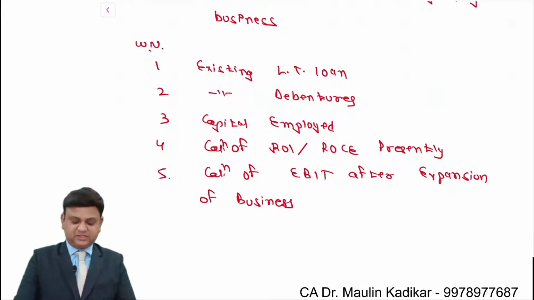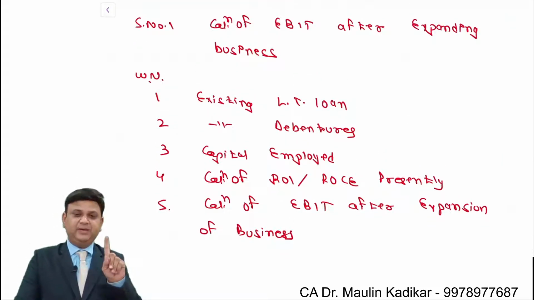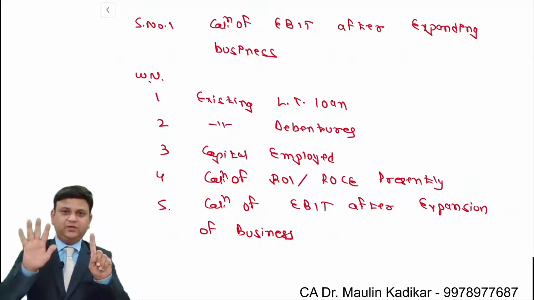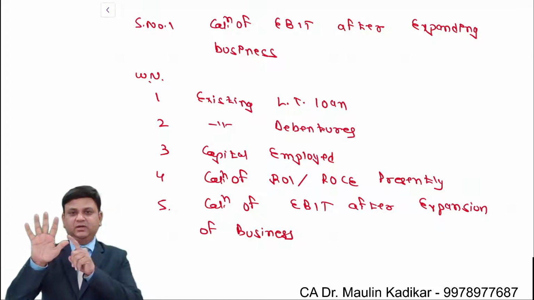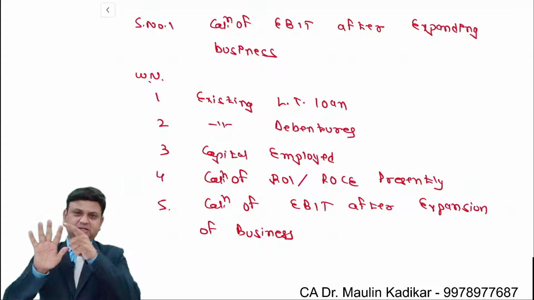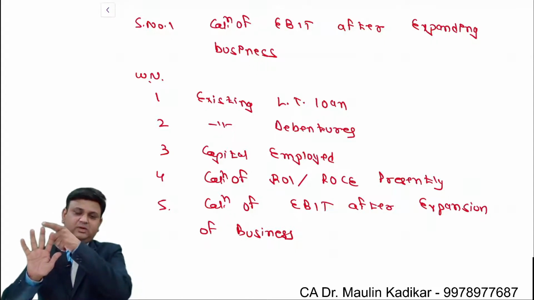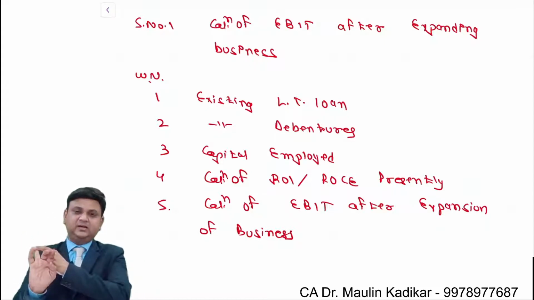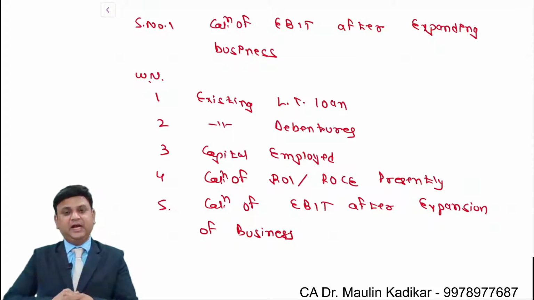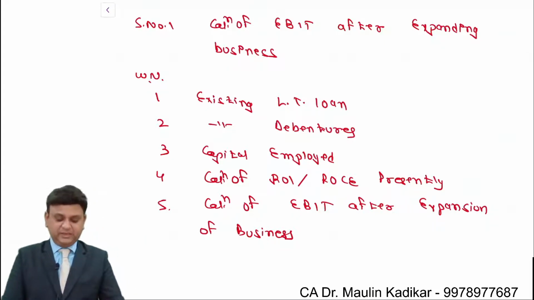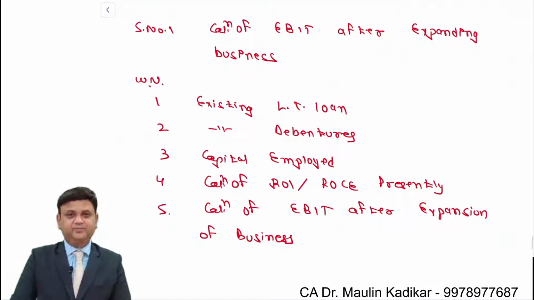So the first step will be calculation of the EBIT after expanding. For that, there are 5 things to be done. First, existing debentures, existing long-term loan, capital employed, then return on capital employed, and after expansion, what will be the EBIT, that calculation.